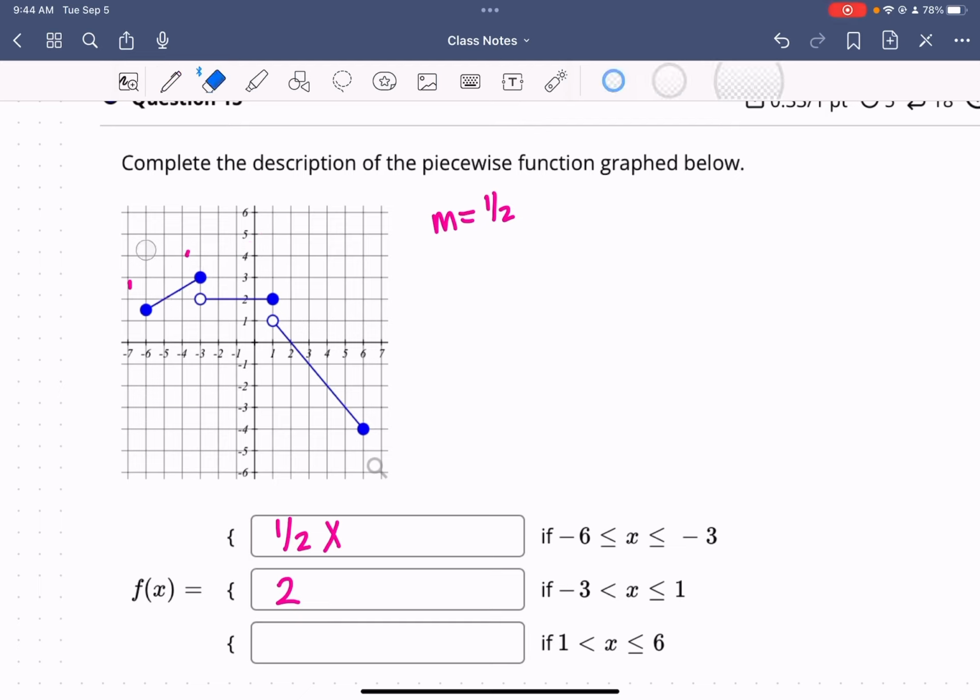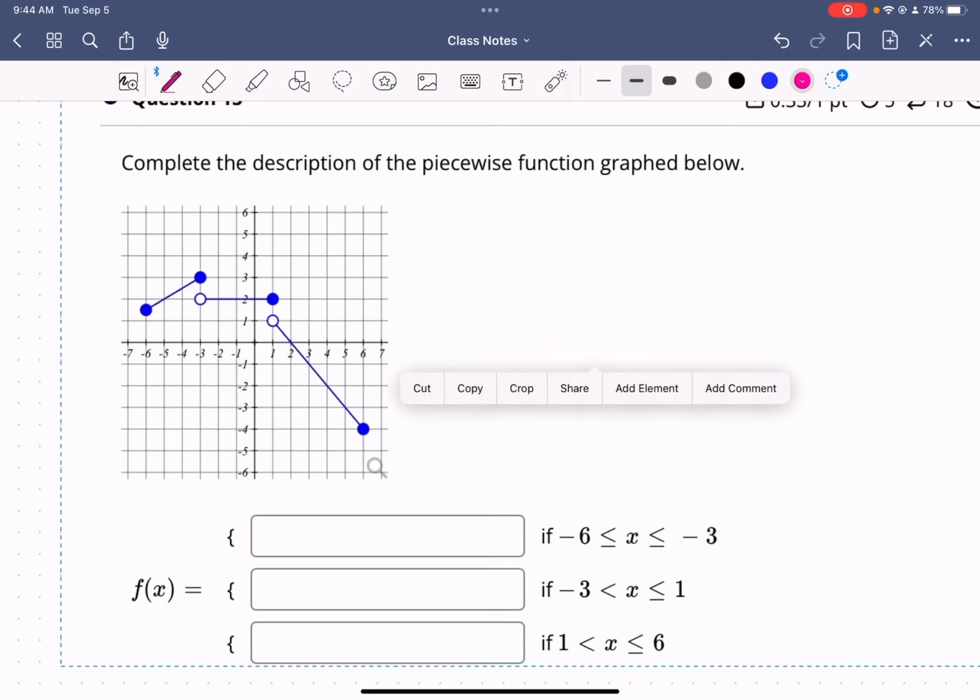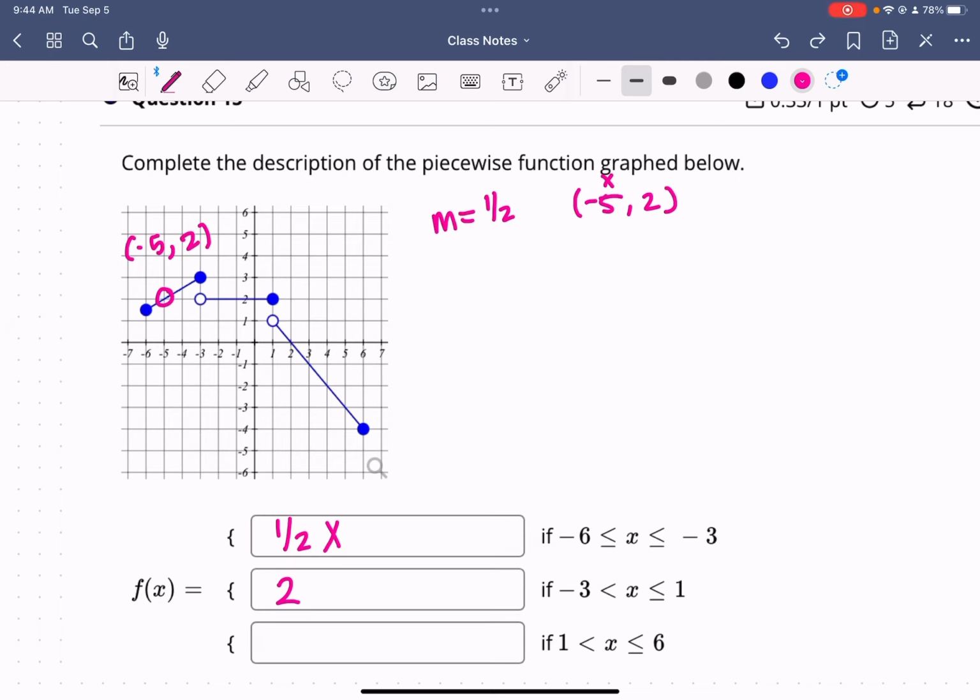Let's just use that first one, this point right here. That's the point -5, 2. So if I'm using -5, 2, this would be my x1 and my y1.